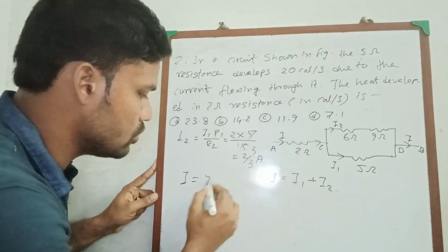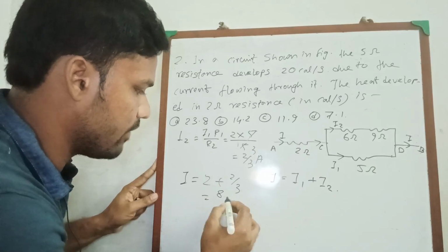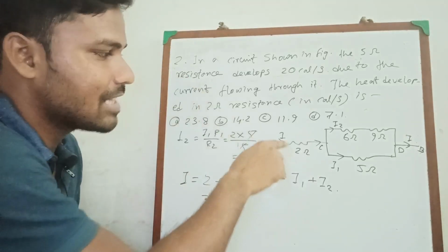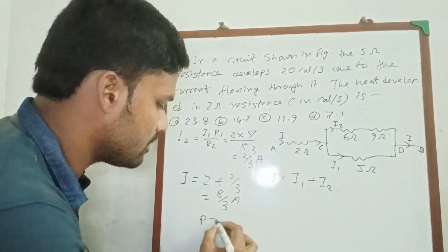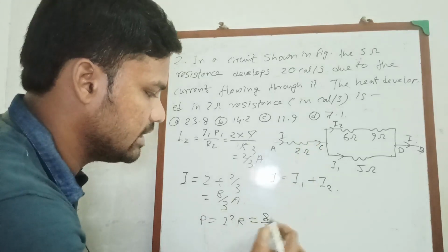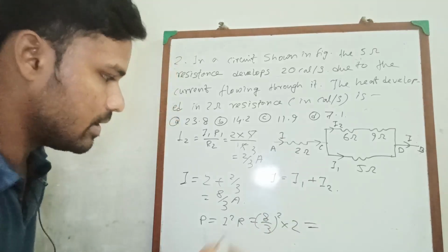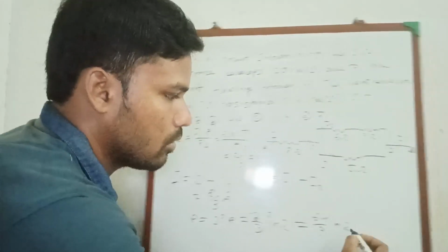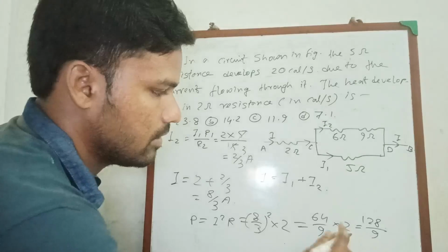So I1 is 2 and I2 is 2 by 3. That means 8 by 3 ampere. Our calculation ends here, because I is 8 by 3 and the 2 ohm resistance is given here. So the power in the 2 ohm resistance is I square into R, that is 8 by 3 whole square into R, which is 2. What is the value of this? 8 squared is 64, and this is 9 and this is 2, so 128 divided by 9, right?